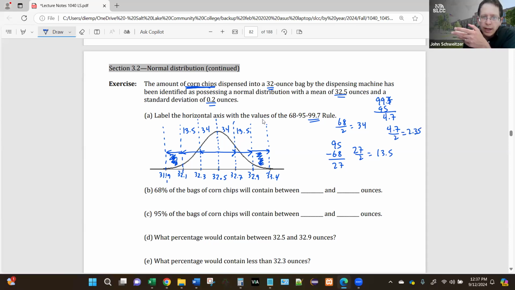And that tells me that I have 2.35% in here, 2.35% in there. Almost done. It's 99.7. That's not 100%, right? So it's almost 100%, but there's still a little bit left. How much is left? 0.3% is left in this little tail there and that little tail there.